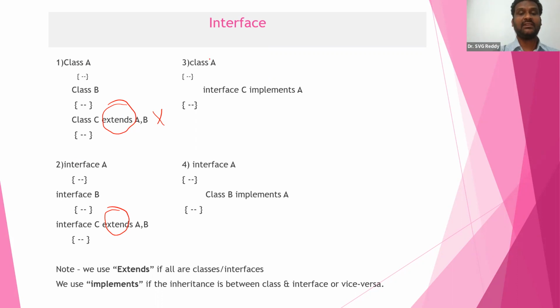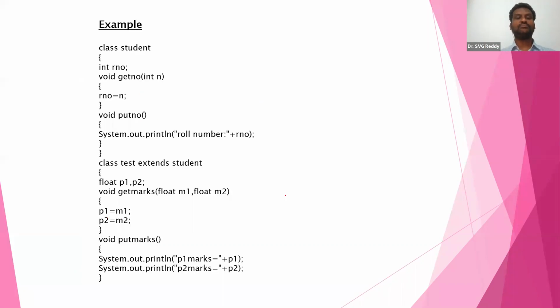But if it is different, class and interface, both are different, then we need to use the keyword implements. So that's the basic thing. We need to know the keyword extends if everything is a class or everything is an interface, and implements if it is between a class and interface or between interface and class. That's one more point.